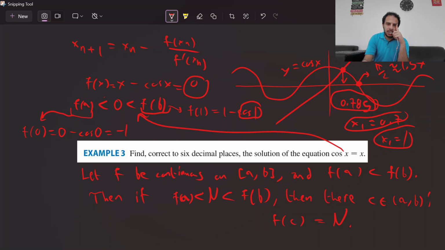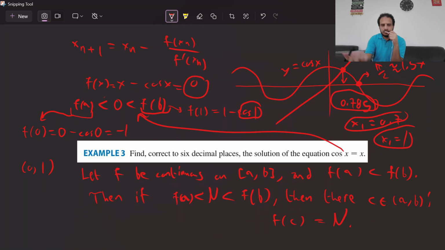Because 1 radian is in the first quadrant. It's less than 90 degrees and greater than 0 degrees. So we know its value is between 0 and 1. So this value is positive. 1 minus cosine 1 is positive. So our solution will be between a equals 0 and b equals 1.